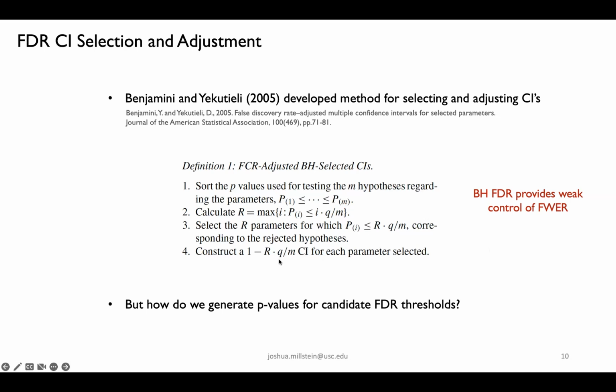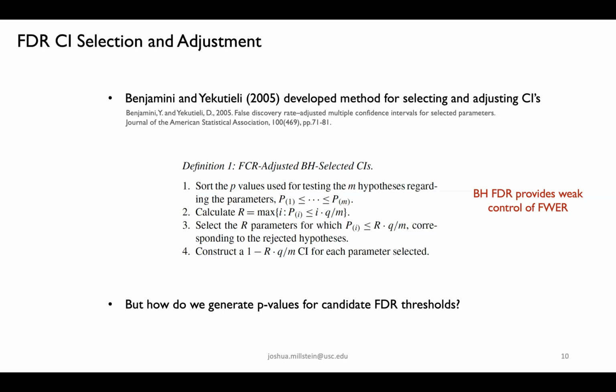So in a Bonferroni corrected interval, we'd be dividing alpha by m. Here we're dividing it by q over m. So that's the difference. So you have an adjusted interval, and it still has this nice property that the Bonferroni adjusted interval would have.